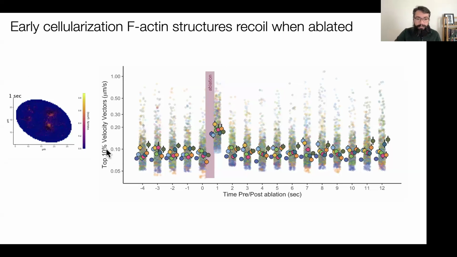And what you can see is that if you plot the top 10 velocity vectors at each frame, as we approach laser ablation, you have a peak of velocity vectors, which would be representative of the recoil response 1 second after the ablation. And then almost 1 second right after that, they come back to pre-ablation conditions, suggesting that the tension in the system has been freed within 1 second.